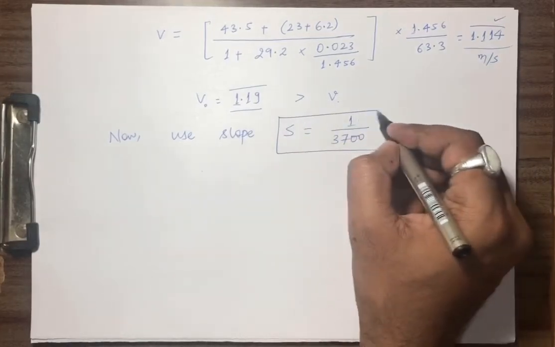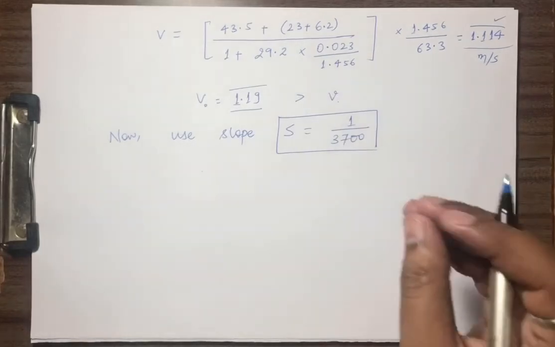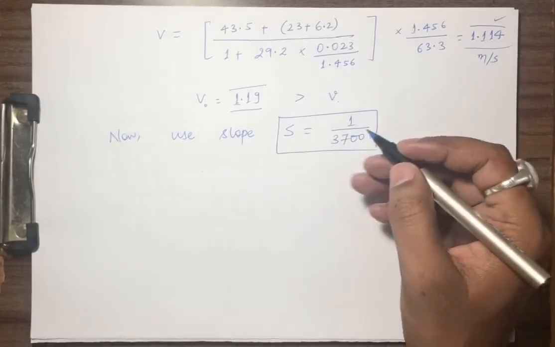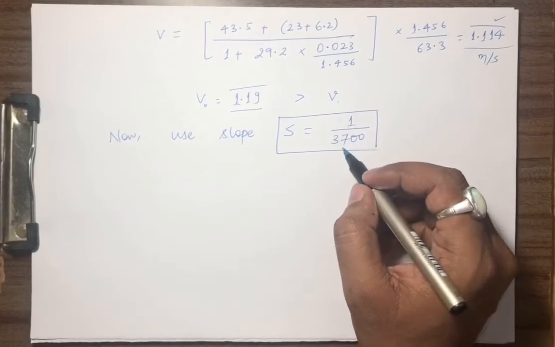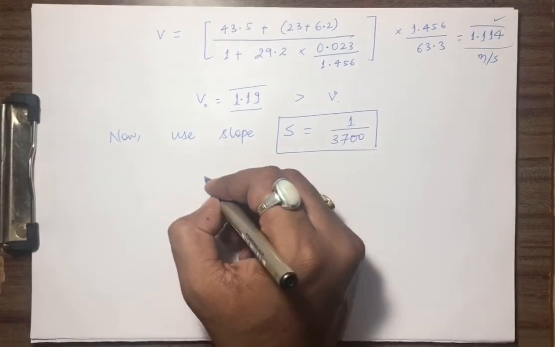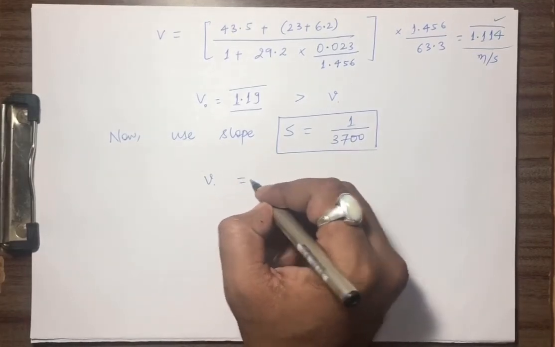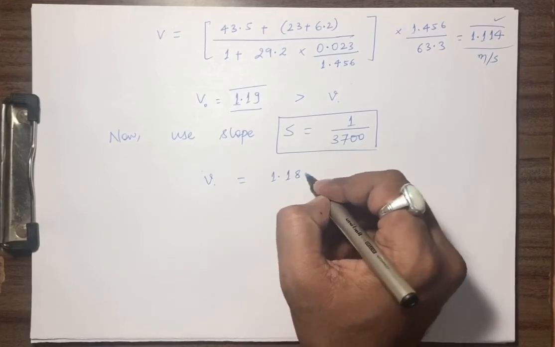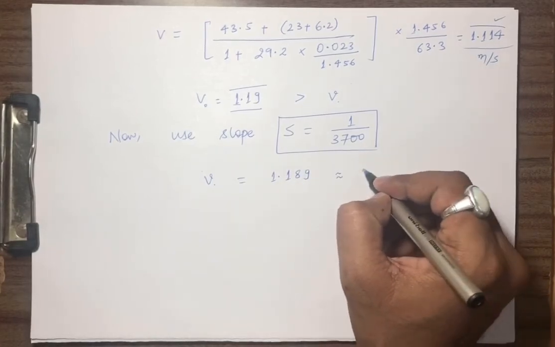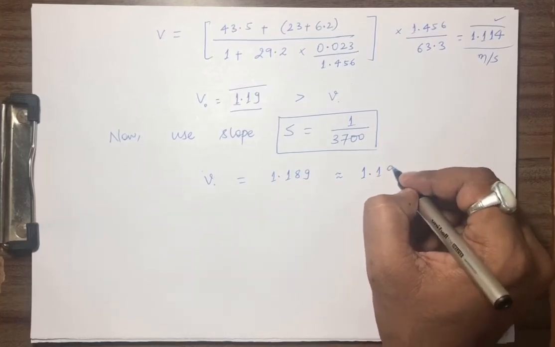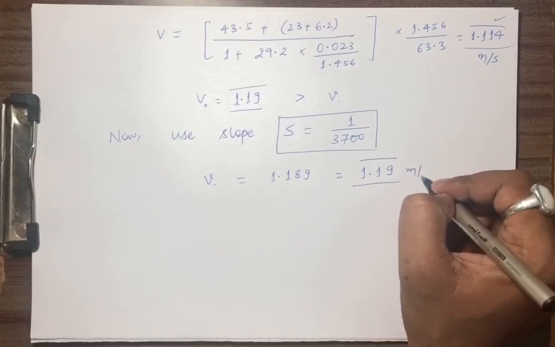You can choose any value less than 4000. It is not that far, so you can choose 1 by 3900 also, 3800 also, like that. So by putting this, we are getting v as 1.189, which is almost equal to 1.19 meter per second.